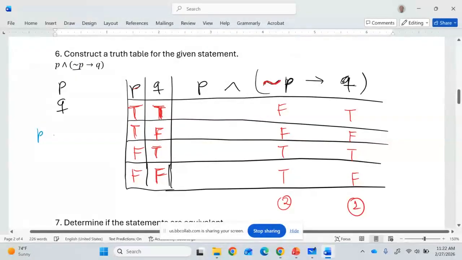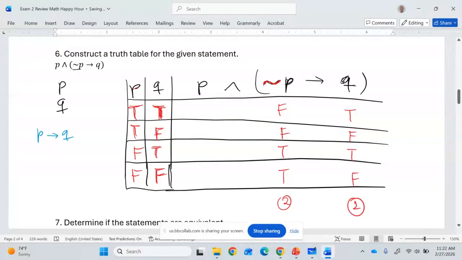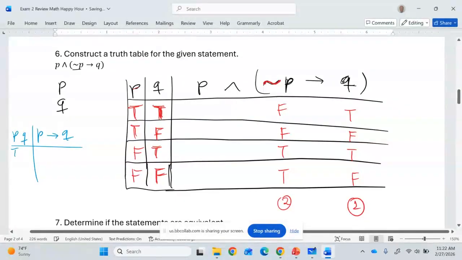If you have P and Q, and then the conditional, which is that arrow, the table for P and Q looks pretty much the same: true, true, true, false, false, true, and false, false. The conditional statement is only false in the second one, when you start with a true and conclude a false.